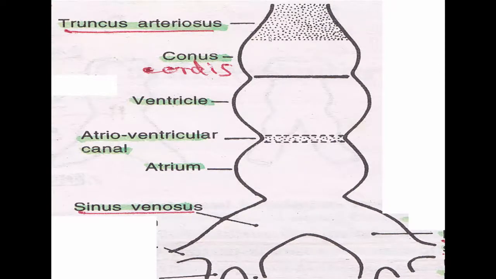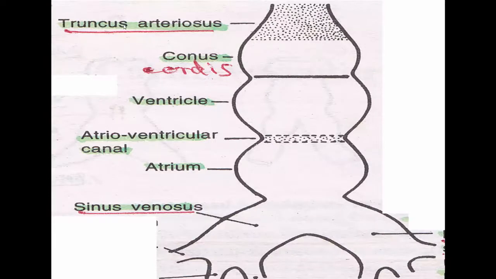And I also told you that the bulbus cordis will be divided into two, the distal end and the proximal end. Why? You can ask me, madam, why is this distal and this proximal, in relation to the main part, the ventricle proper and atrium proper. So this is the proximal end, this is the distal end.